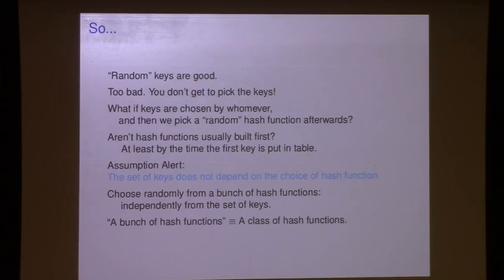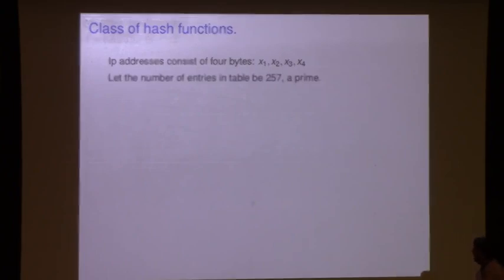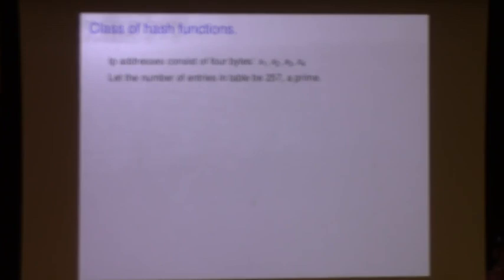Since we're going to make it all formal, we call it a class of hash functions. There are some keys out there that can be anything, any subset of the universe. And now I have a family of hash functions. I'm going to pick one of my hash functions randomly. So here's an example. I'm going to let the number of entries in the table be 257, which is a prime.